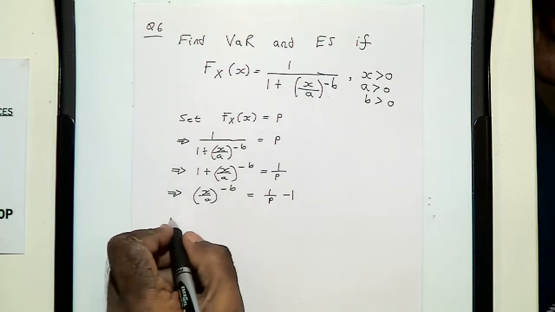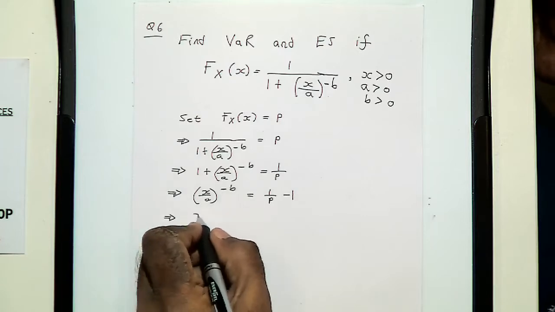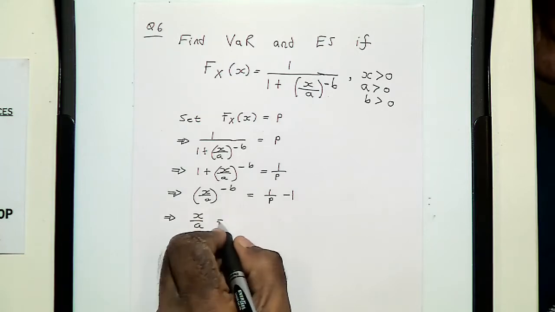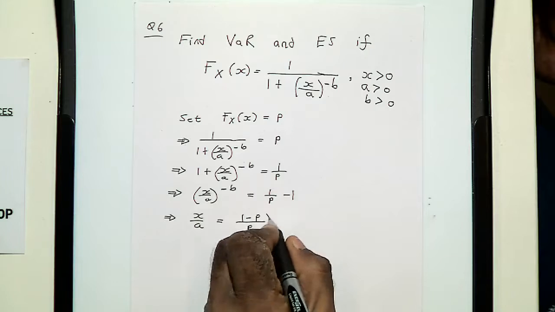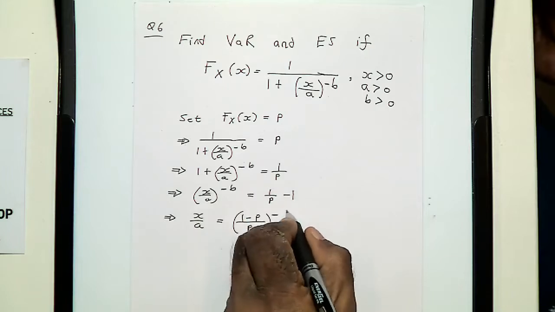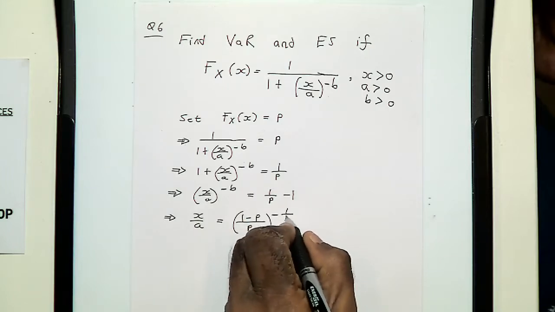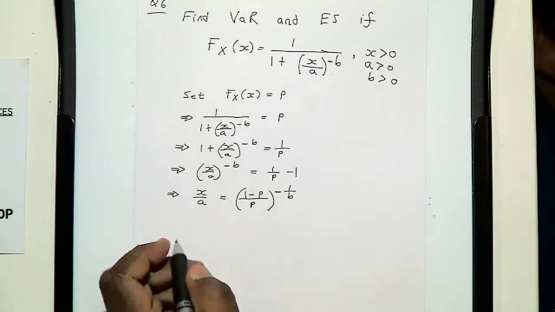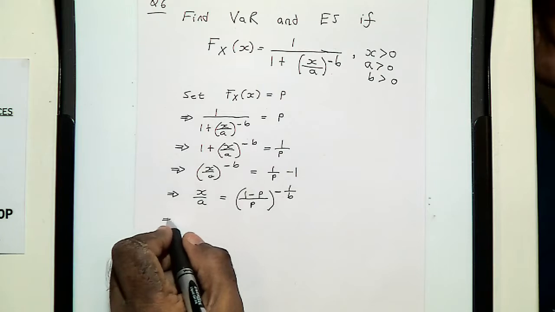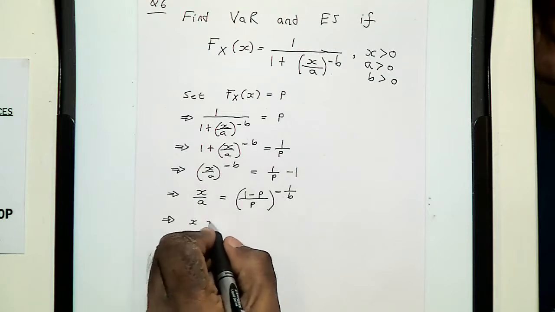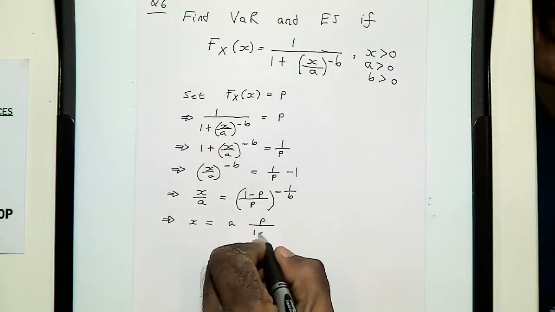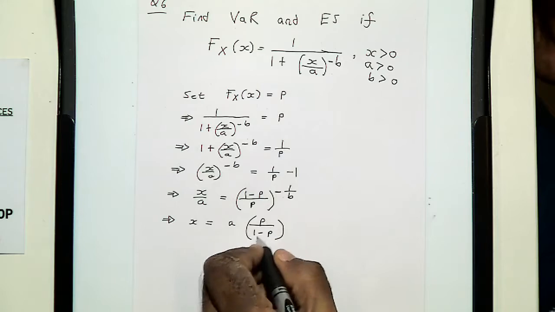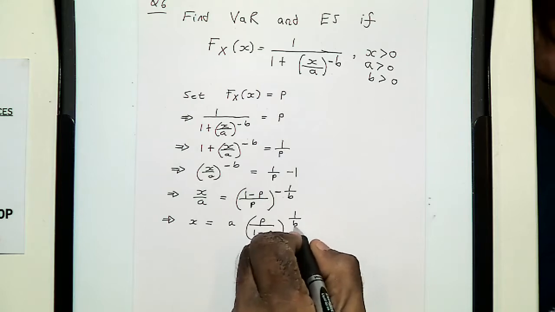So x over a is... so x is a times p divided by 1 minus p, to the power 1 over p.